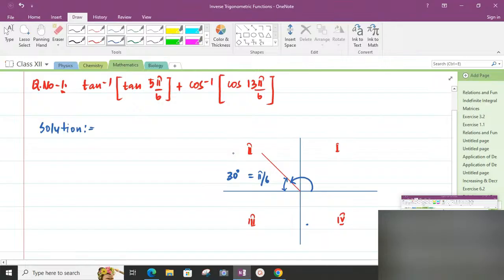Let's see here, tan inverse of minus 1 by root 3.